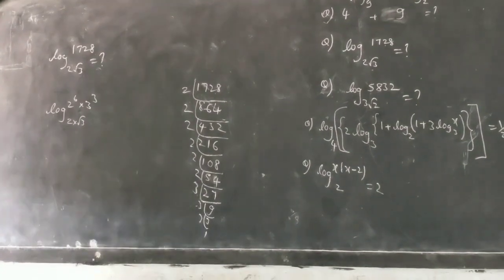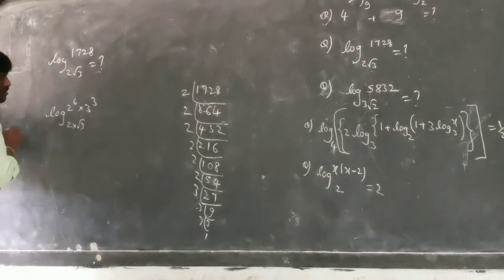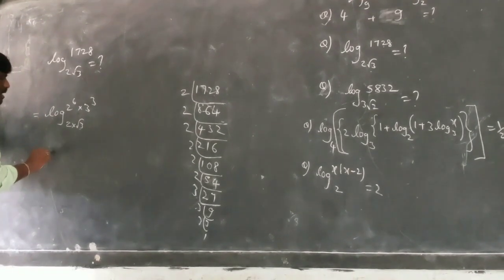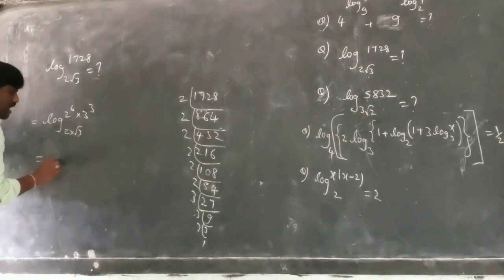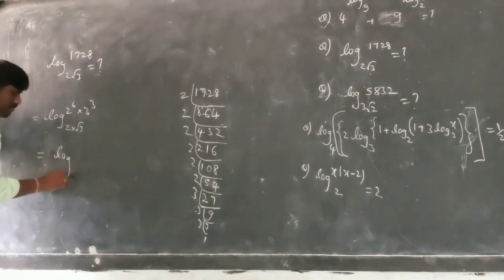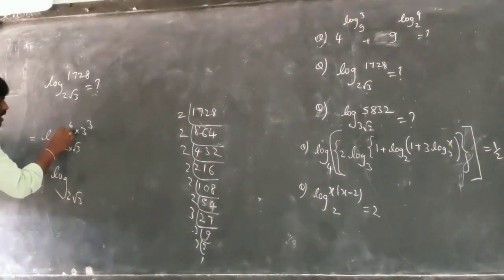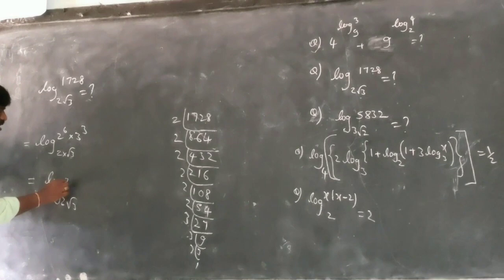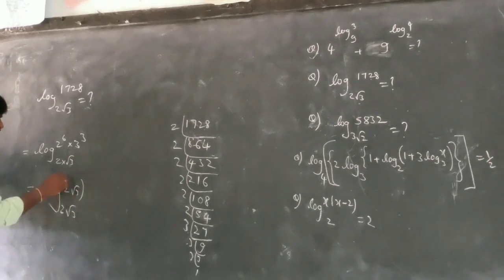Now what I see here, I just want to make this power into this base. That is the magic I am going to do. You have power 6, so I will write the whole power. See the magic of what I do here. 2 root 3 you have, and you have 2 power 6, so I will write 2 root 3 to the power of 6.